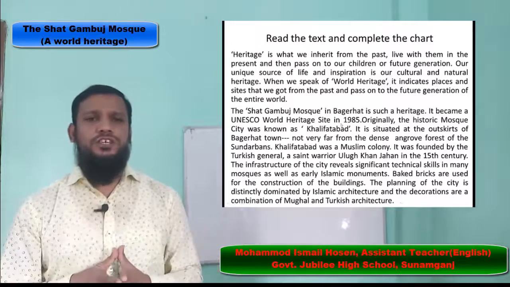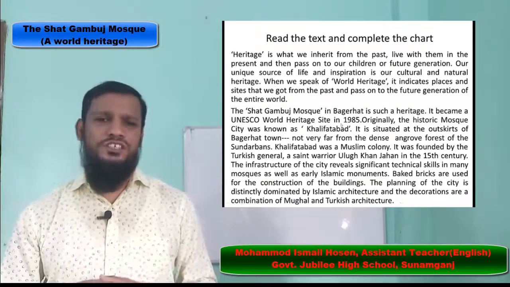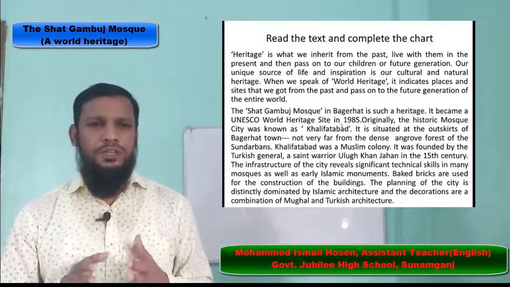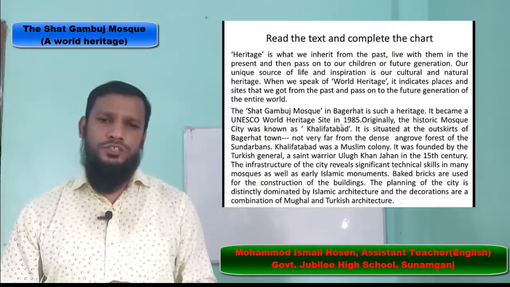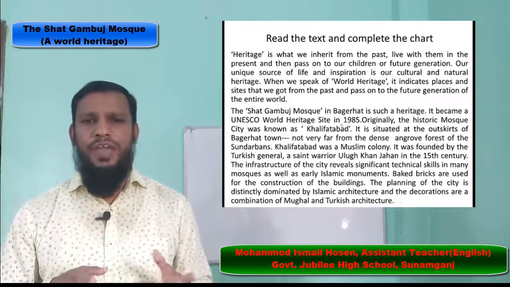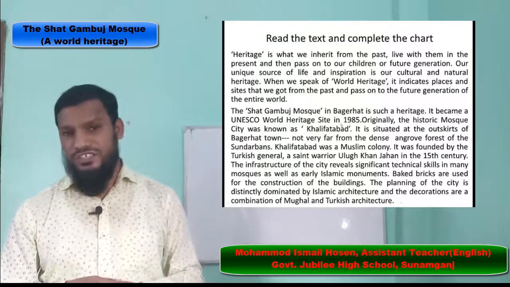The infrastructure of the city reveals significant technical skills in many mosques as well as early Islamic monuments. Baked bricks are used for the construction of the buildings.